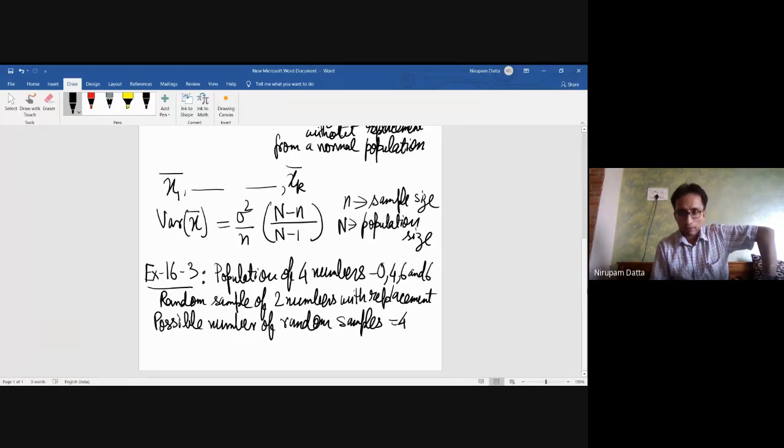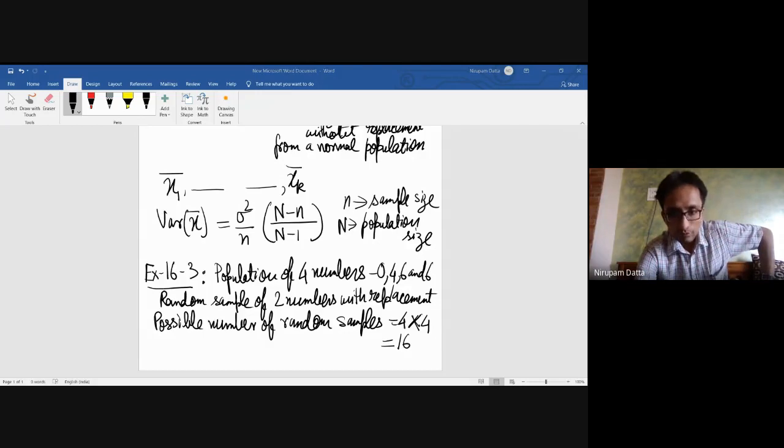The first number can be chosen in 4 ways, and corresponding to each of those, the second number can also be chosen in 4 ways. So the possible number of random samples is 16 from this population of 4 numbers.